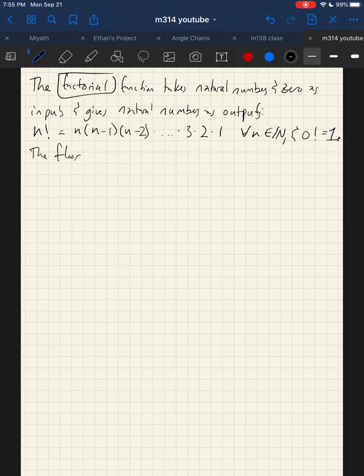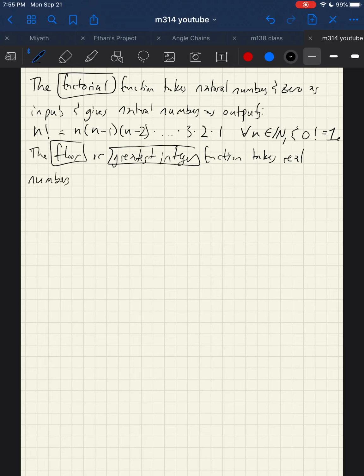Next, the floor, or sometimes called the greatest integer function, takes real numbers as input and outputs the greatest integer less than or equal to the input.